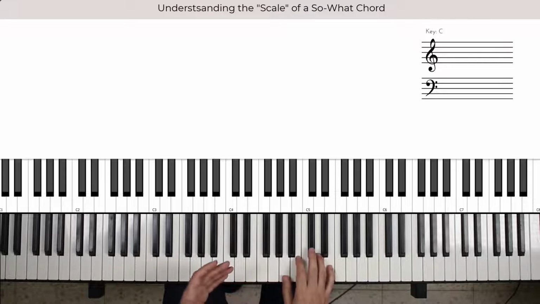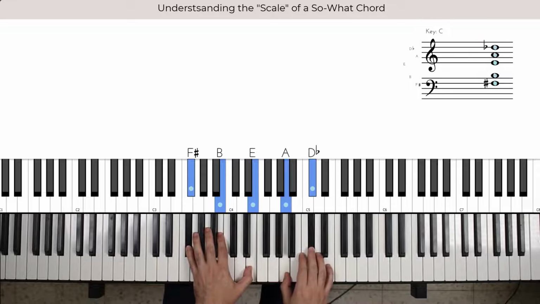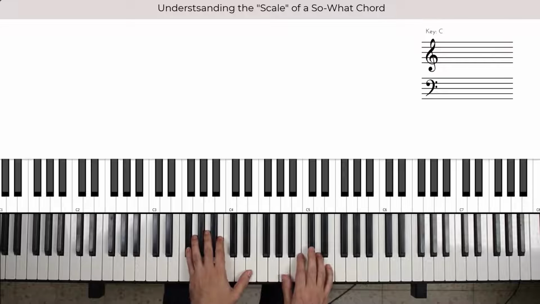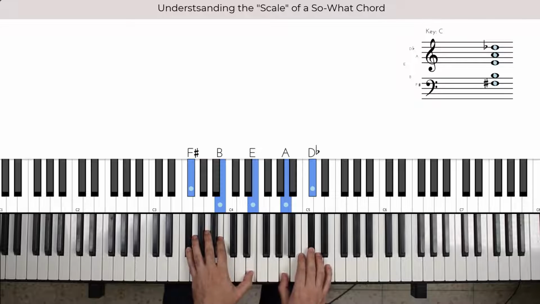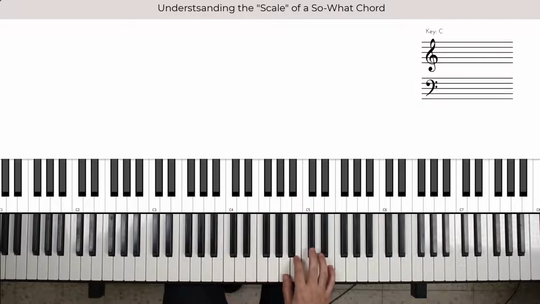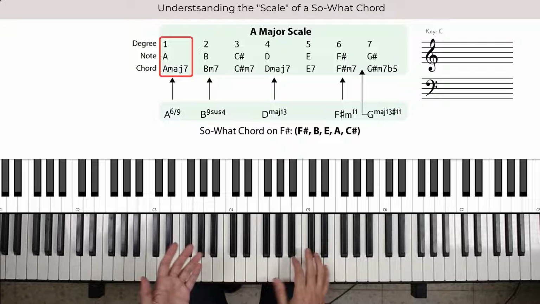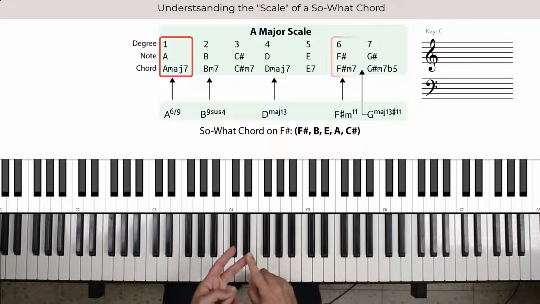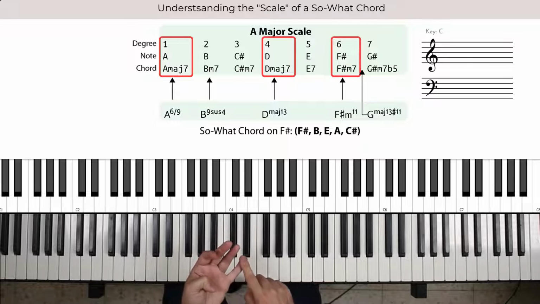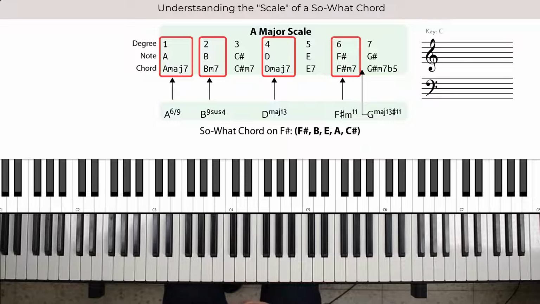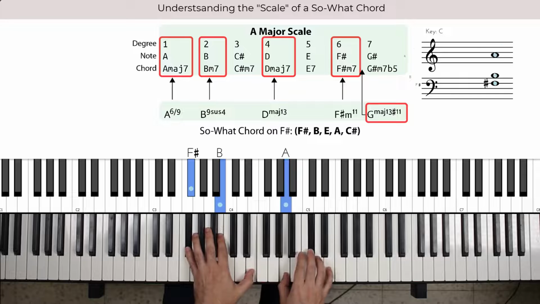Now, if the 5 options I've given you for this chord seem a bit random, they're not. The so what chord played on F sharp can be thought of as capturing some of the main degrees of the A major scale, which is the major first degree, the minor sixth, the major fourth, and the sus2, and the only one that is slightly outside the scale is the flattened 7th, namely the G major 13th sharp 11th chord, and you can see this shown on screen, and it's a nice way to memorize things.